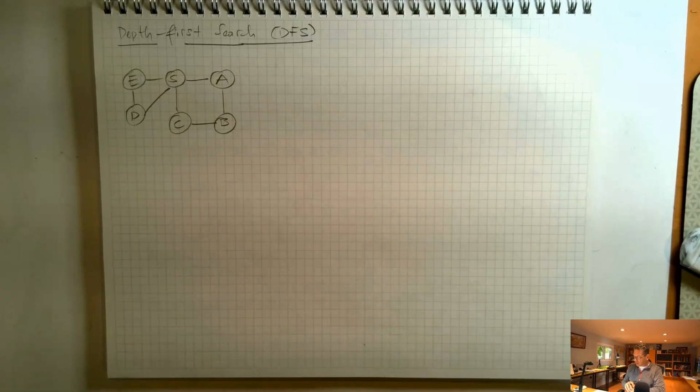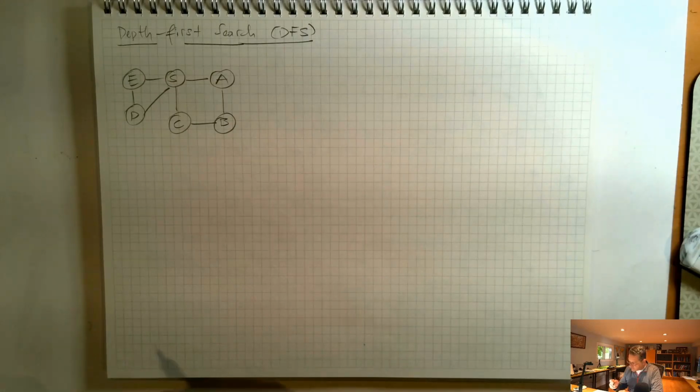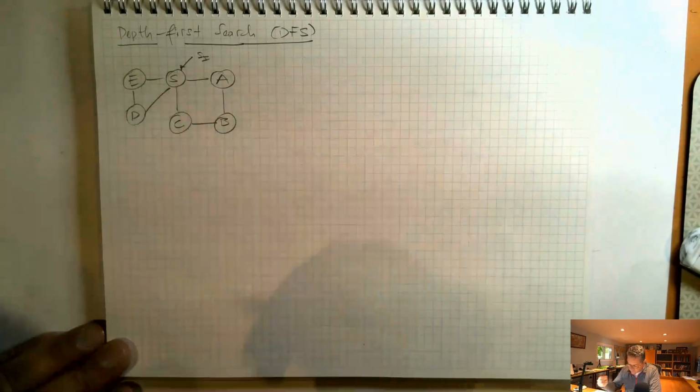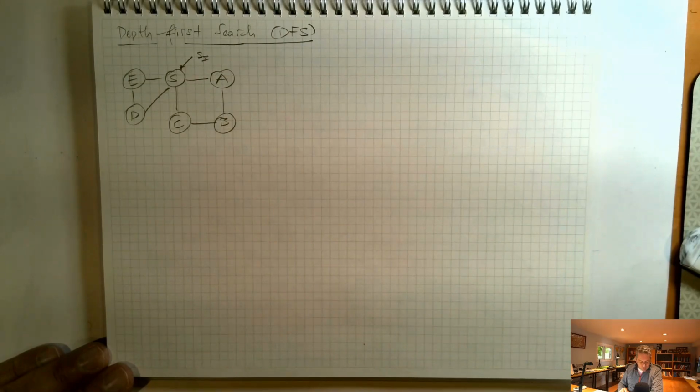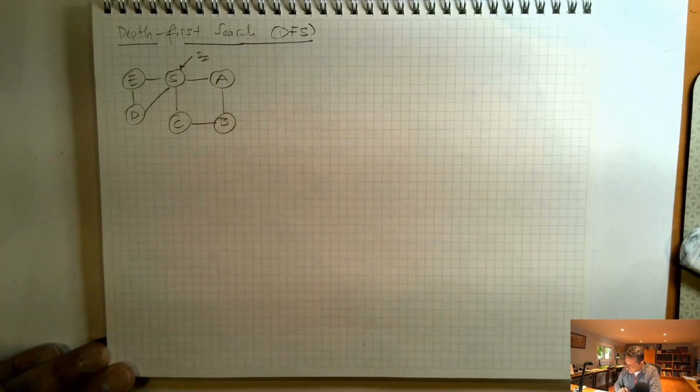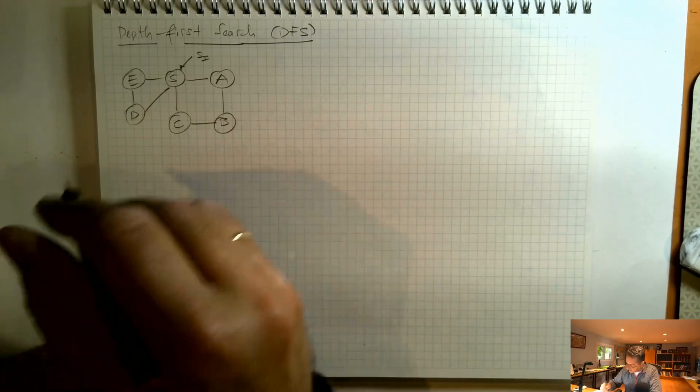So this is the input graph, and we would like to reach the following goal. The starting state is state S, our initial state, and the goal state is C.